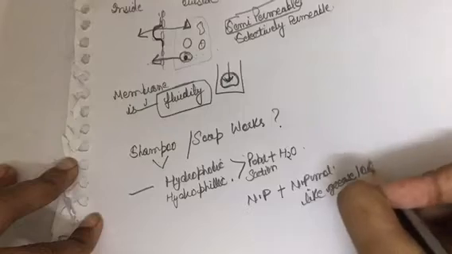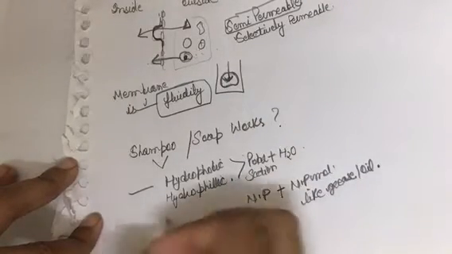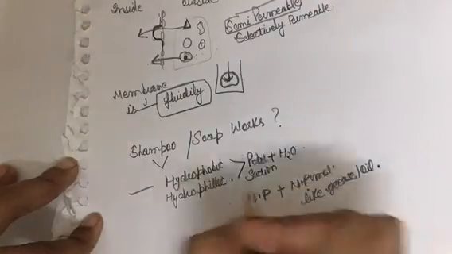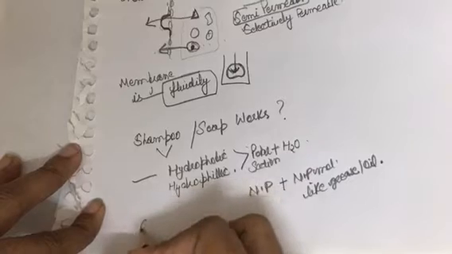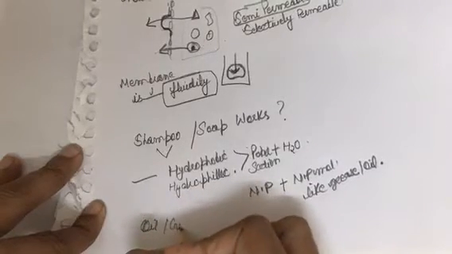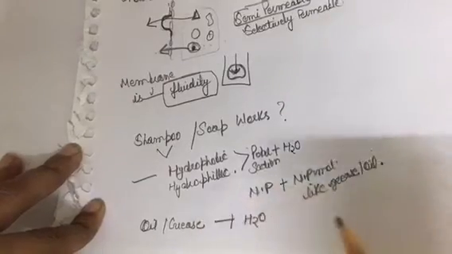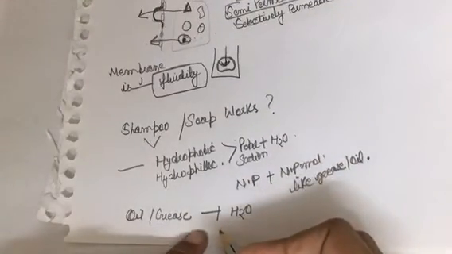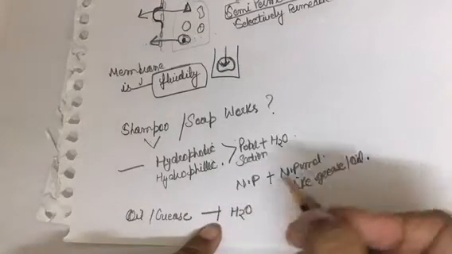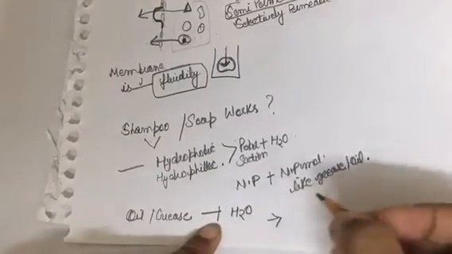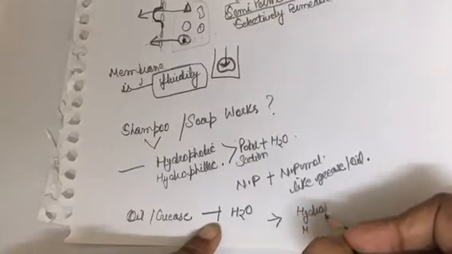or oil, right? So suppose in the normal case, if we are putting water on the grease or the oil, it will not interact with water. Why? Because oil or grease is hydrophobic in nature. This is simple. Now when you are adding soap or detergent or shampoo to the water, it has both hydrophilic and hydrophobic parts.